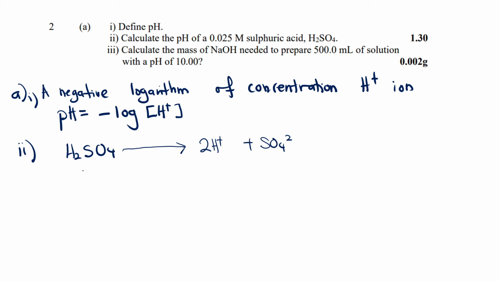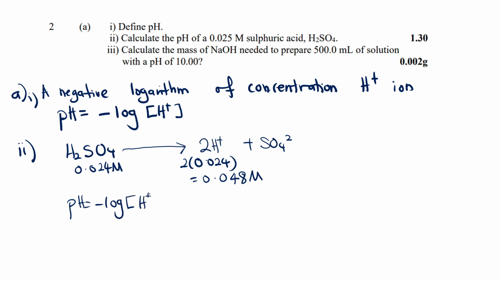So if initially the concentration of sulfuric acid is 0.024 molar, the H plus concentration is 0.024 times 2, which is equal to 0.048 molar. So pH is equal to negative log concentration H plus, and pH equals 1.32.